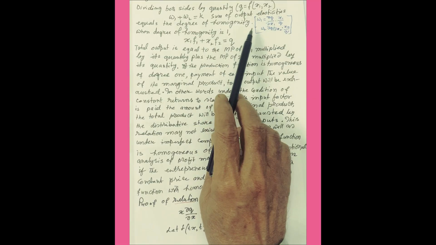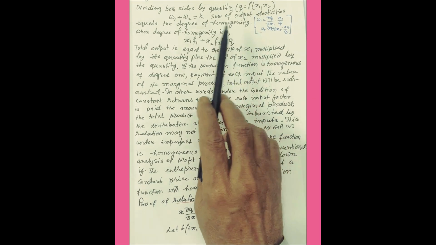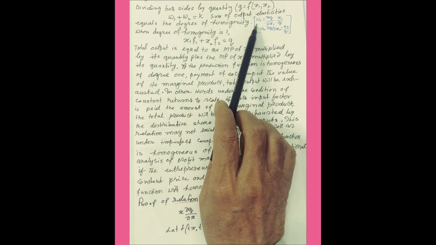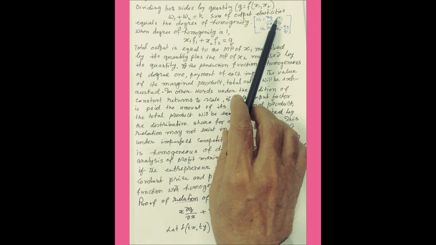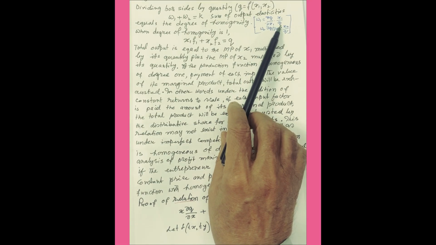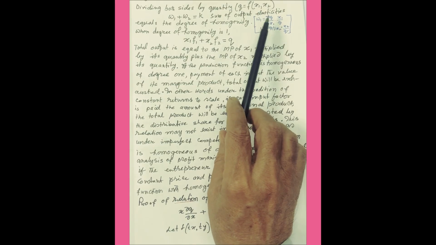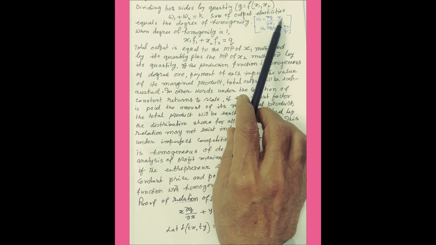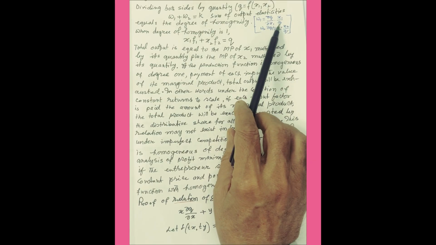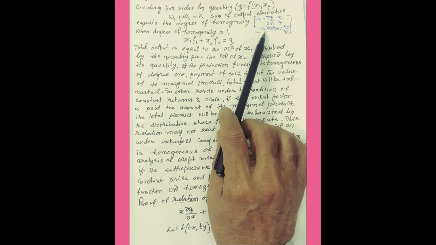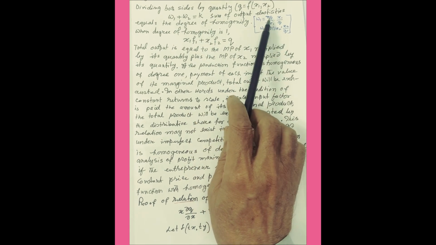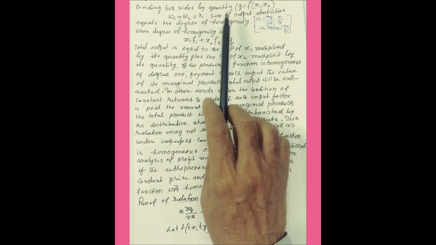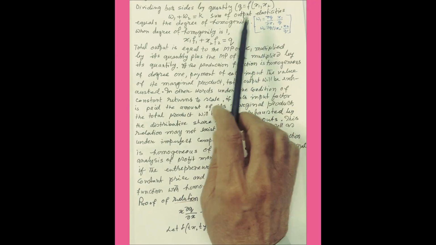If we divide by the quantity, we get delta q by delta x1 into x1 by q. Earlier we got f1 x1, so if we divide by q, it becomes the elasticity formula: the proportionate change in quantity produced by the proportionate change of the input.